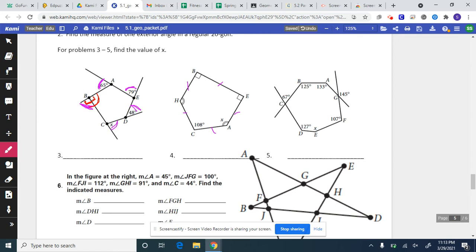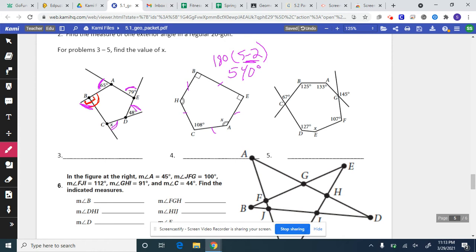So let's first look at what's going to be the sum of the interior angles. And the formula is 180 times 5 minus 2, because n is 5. So 5 minus 2 is 3. 180 times 3 is going to give you 540.